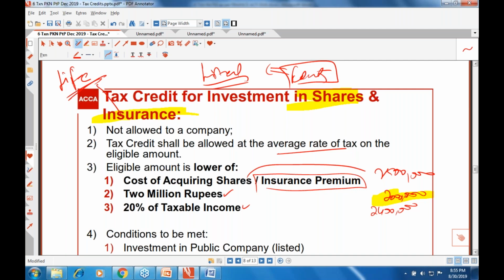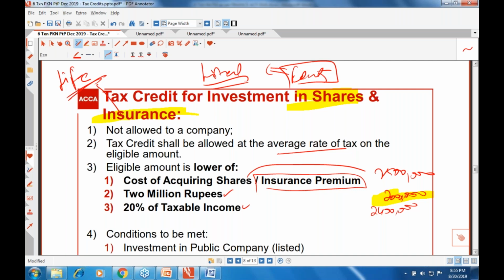Now try to understand this. I have invested in shares, and I have also paid premium to a life insurance company. I have a life insurance policy. What sort of tax credit am I going to claim?